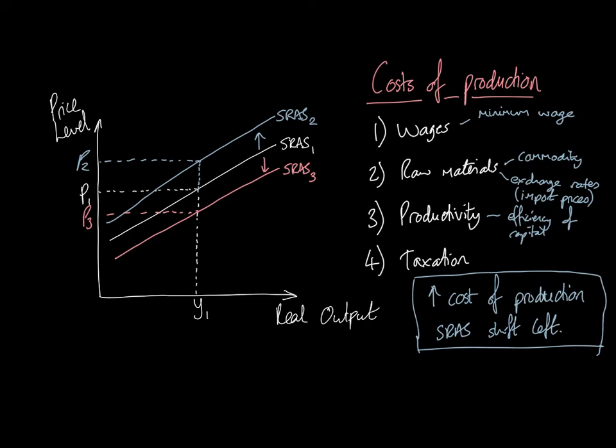If any of those change, then that will shift short-run aggregate supply. And if any of them change dramatically in a short period of time, then that will create what we call a supply-side shock, which will mean a big shift in short-run aggregate supply. In theory, it could be in either direction, but normally it's a shift left. It happens when costs rise very dramatically.